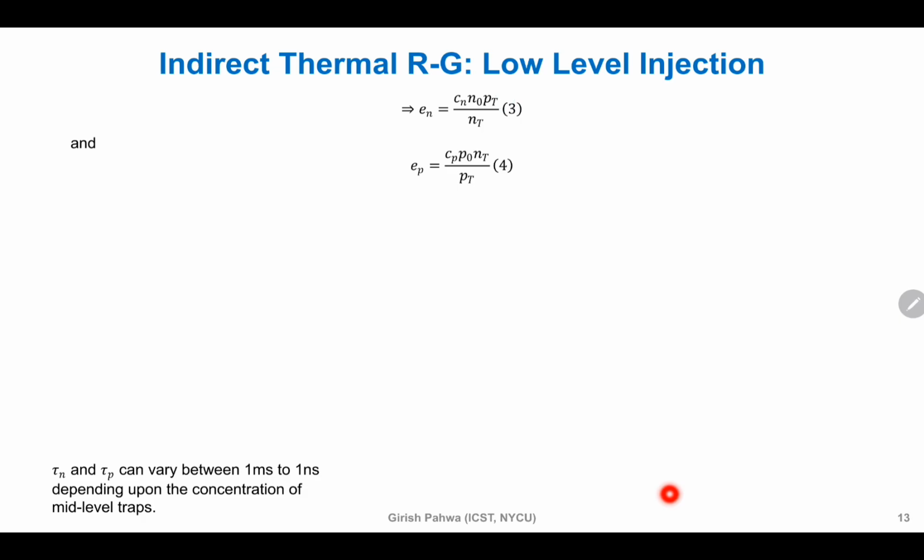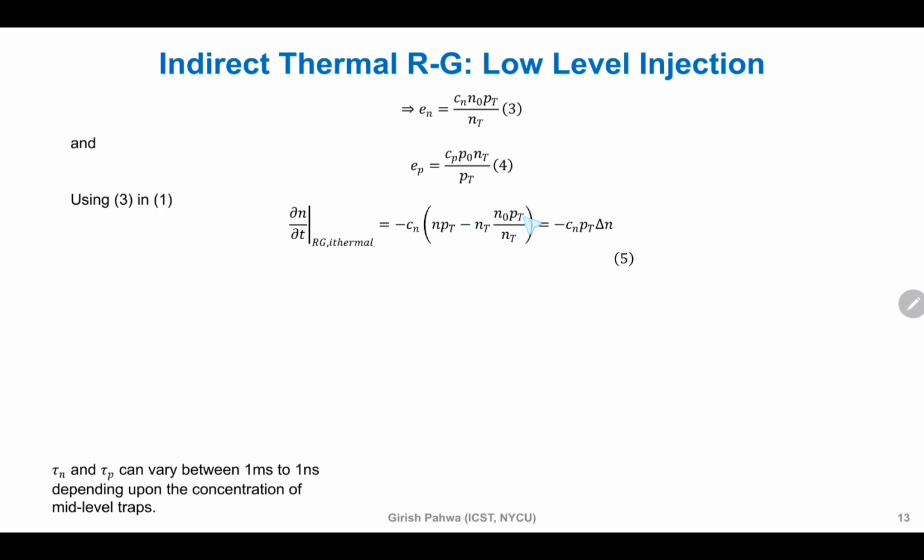So what was my equation number 1? That was the equation del N by del T of the R-G thermal, which is equal to the total rate: the sum of the electron concentration change due to process A plus the sum due to process B. So that will become equal to this. This first term is coming from process A, minus Cn into N into PT.